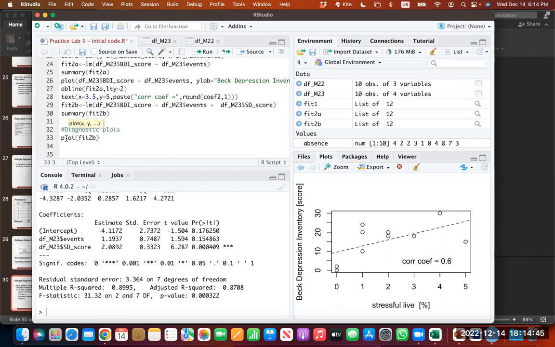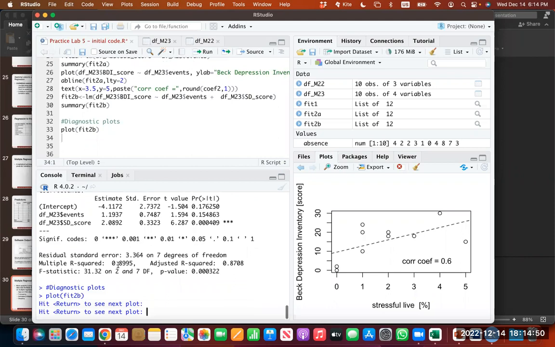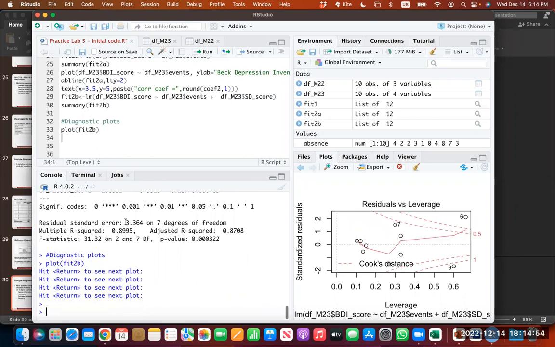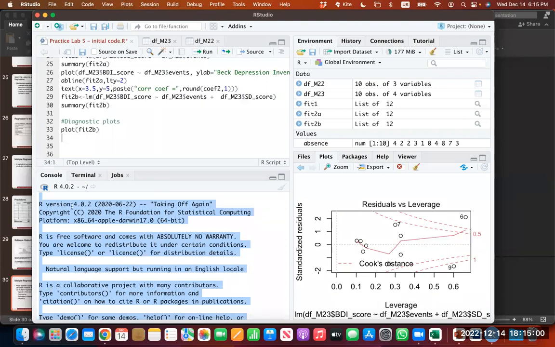Yes, you can run 33. 32 and 33, and 33 gives you again these plots that we have looked at before. And all you need to do to complete practice lab 5 is to copy everything down in the console. Don't forget to press enter, enter, enter with these diagnostic plots.